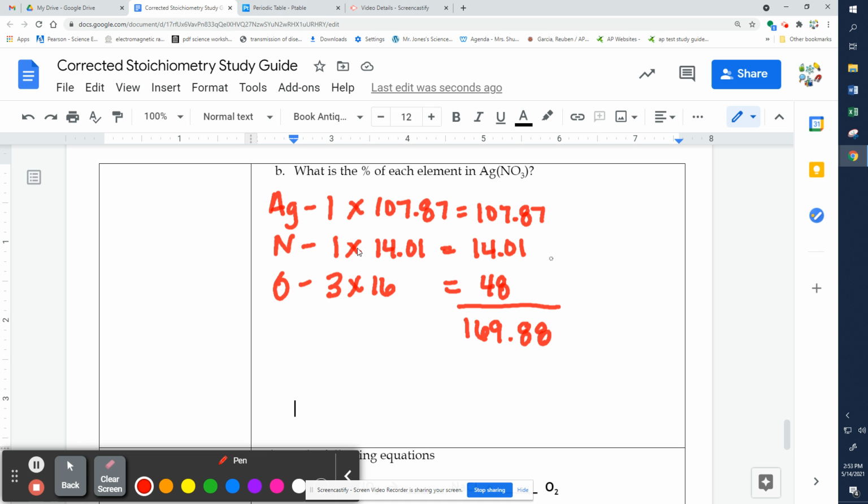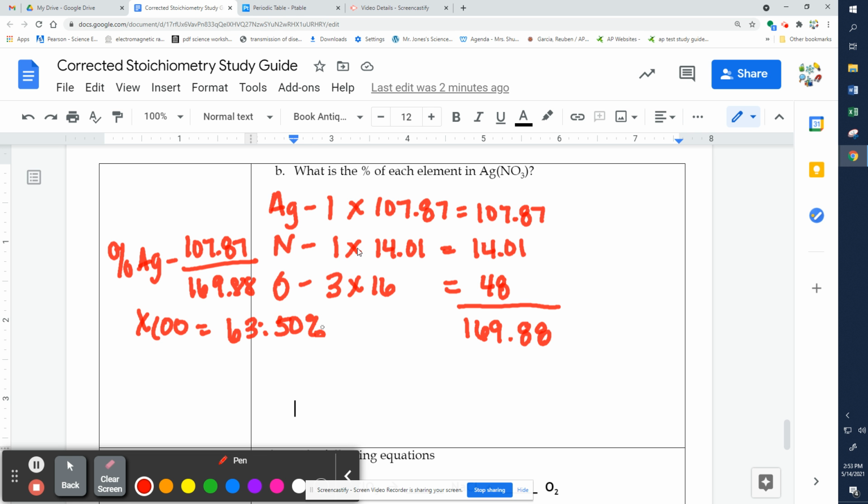And now we're going to do each piece. So first I'll do percent silver, 107.87 divided by 169.88. Then I'm going to multiply by 100. For silver, you should get 63.50.